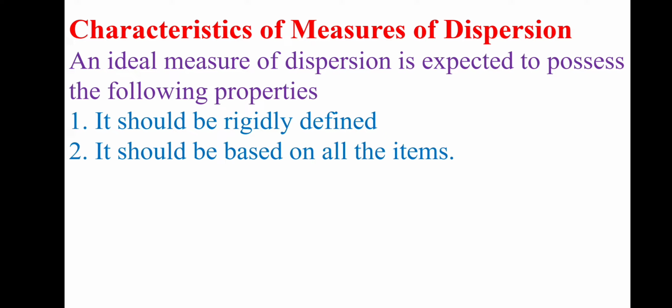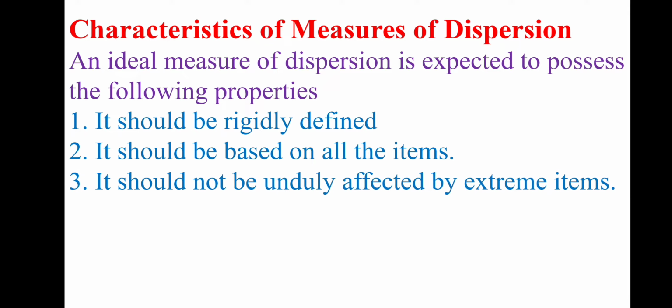Each and every item in the collection of the group should be considered and its value taken for calculation purposes. It should not be unduly affected by extreme items. Extreme in the sense of minimum value and maximum value.